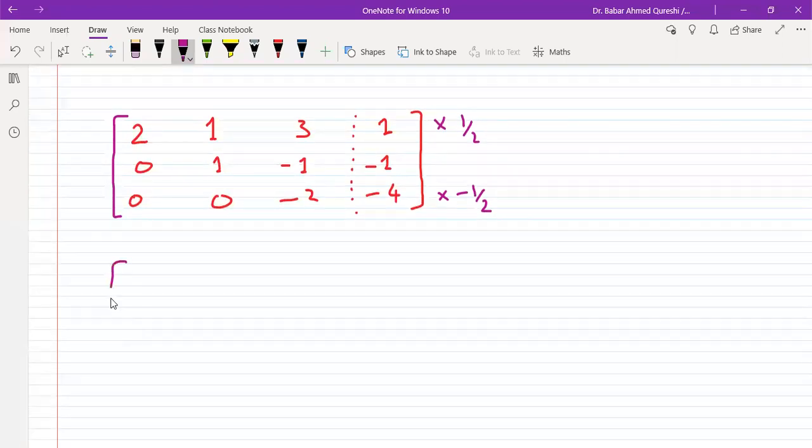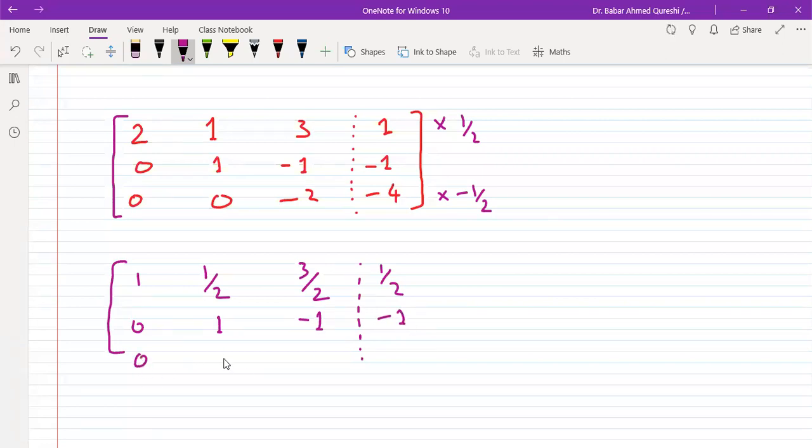So when I do that, I get 1 half, 3 half, half. This row I didn't need to do anything. 0, 0, 1, and 2.